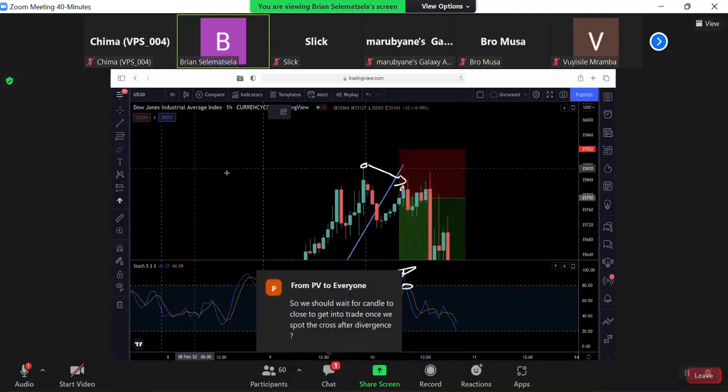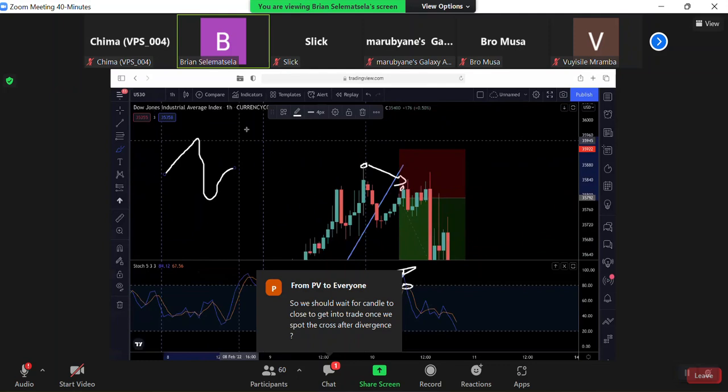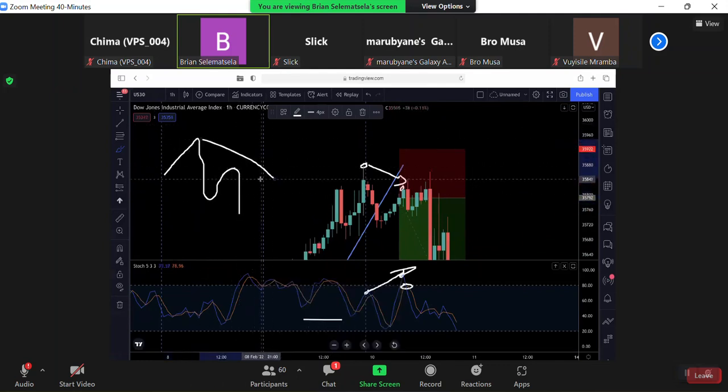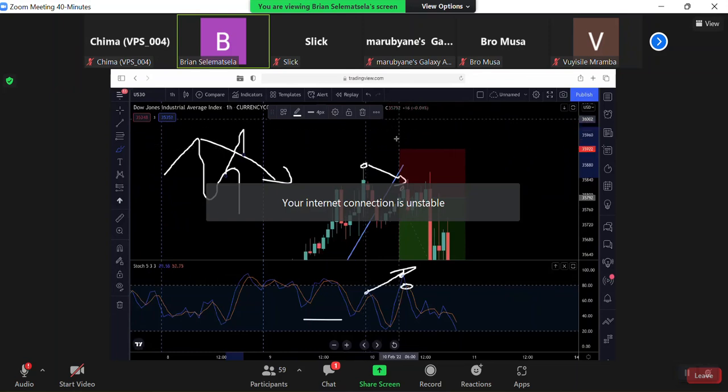Why? Because we don't expect the market to come back here and exceed, because at the end of the day we want to have a divergence, right? So we know that if the market exceeds the divergence, when the market is turning, we have to spot a divergence in the opposite direction if it is actually turning.